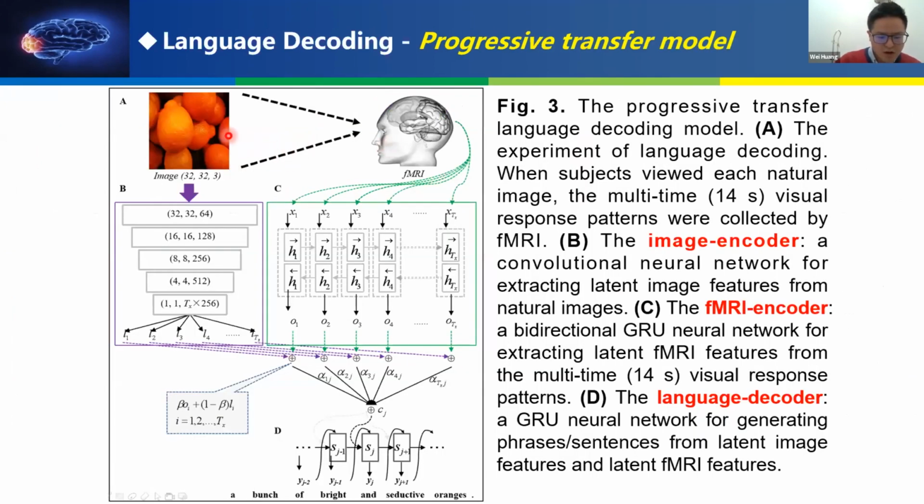Next, one of the central parts of my research is to construct a language decoding model based on the visual areas' fMRI activity. Only through this model can we decode a phrase or sentences from visual fMRI activity.